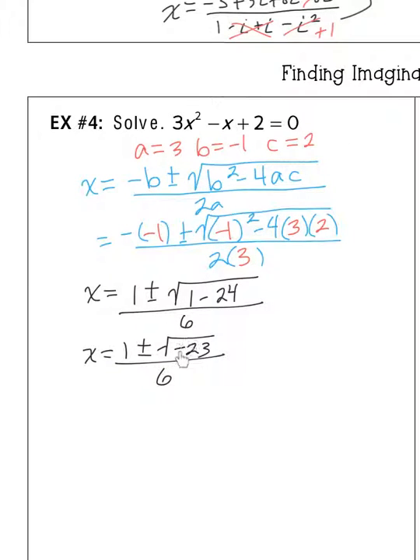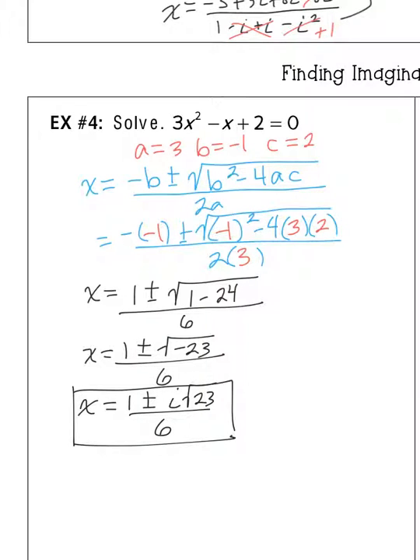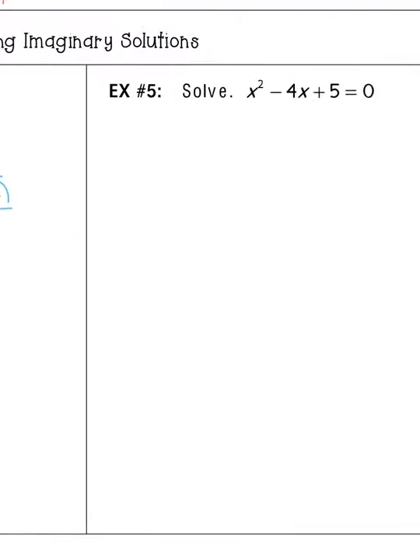And so we can simplify the square root of -23 by bringing the negative out as an i. And so our final answer, x equals 1 plus or minus i radical 23 over 6. When we're using the quadratic formula, I am okay with you having the answer like this rather than try to split it into its real and imaginary parts, but you could. So you try number 5 on your own and then check your solution.